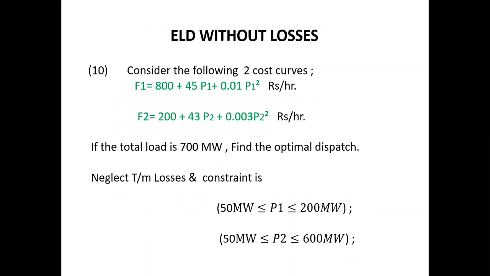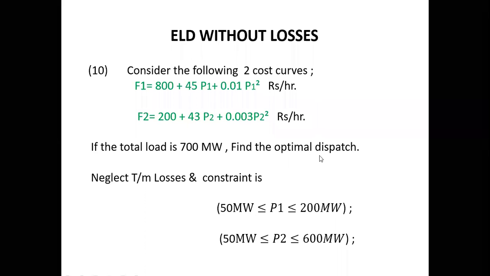Next, look at this problem: consider the following two cost curves. The total load is 700 megawatt. Find the optimal dispatch. This is also similar to our previous problem, but the most important thing is here they have given some constraints.